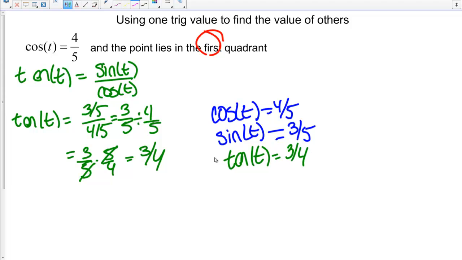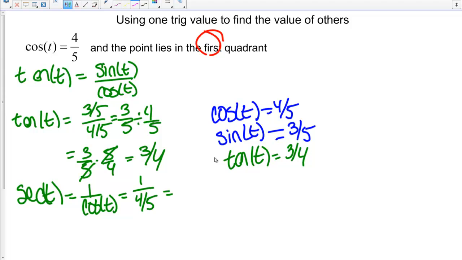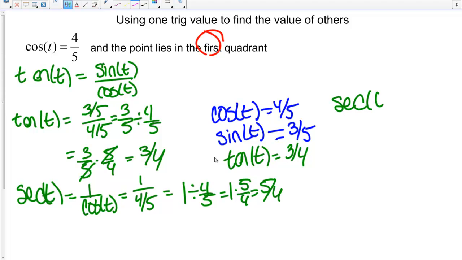We know that secant of an angle t is 1 over the cosine of that angle. So 1 over 4/5, which is 1 divided by 4 over 5. So 1 times 5/4 gives us 5/4. Secant of t is 5/4.